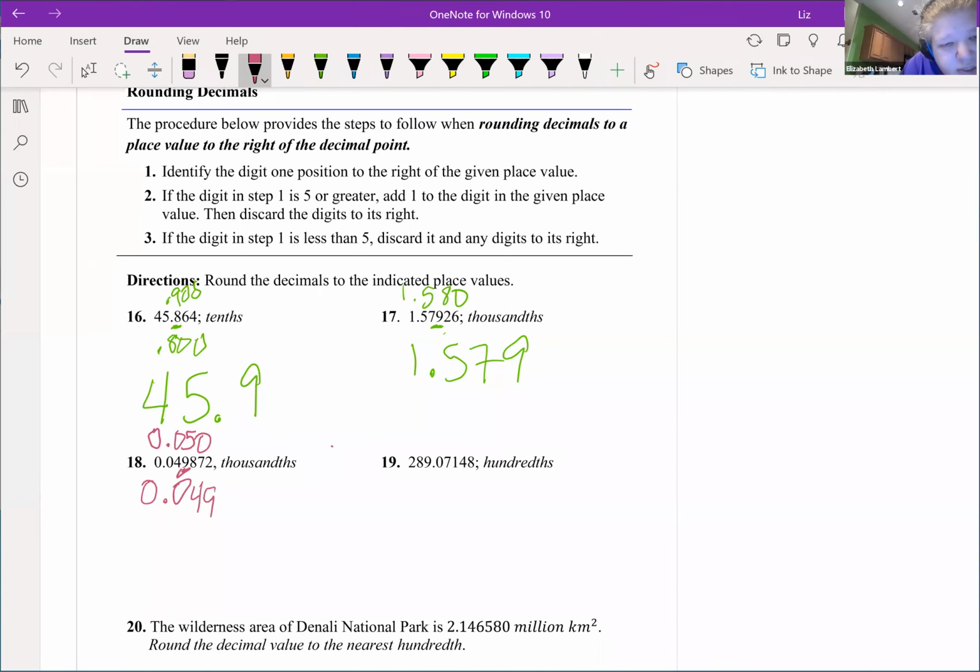That 872, is it closer to going up one or is it closer to the one below? The 872 is above the 500 mark. The 8 is 5 or higher, so we are going to go with the top number. So we would say that this rounds to 50 thousandths.